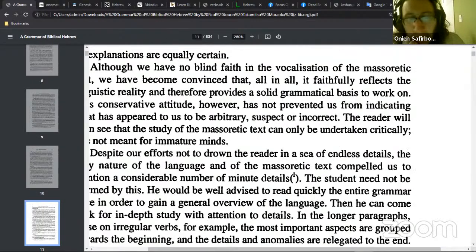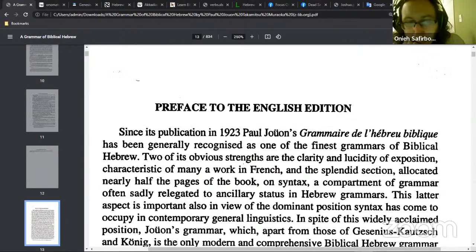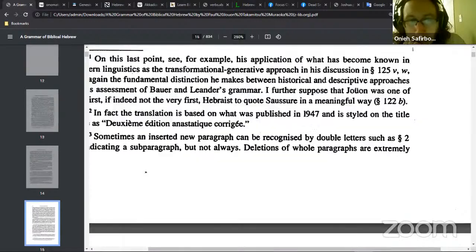Got to get to the table of contents. Okay, let's see here.